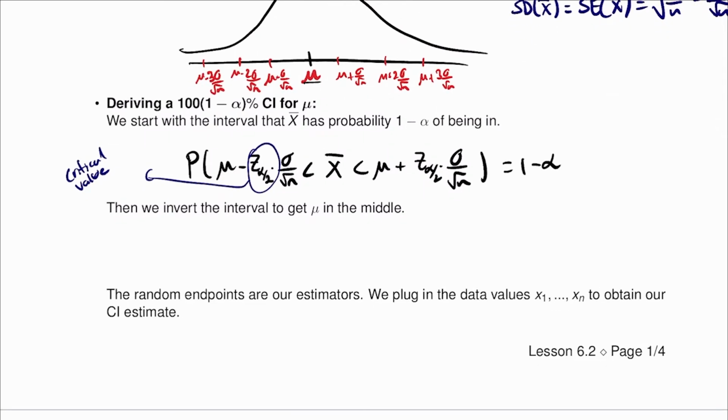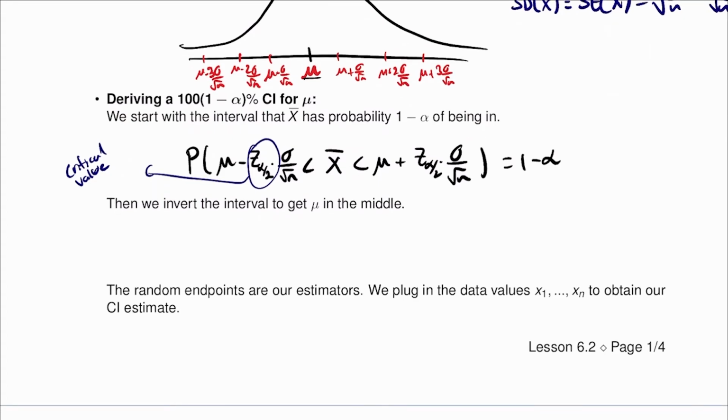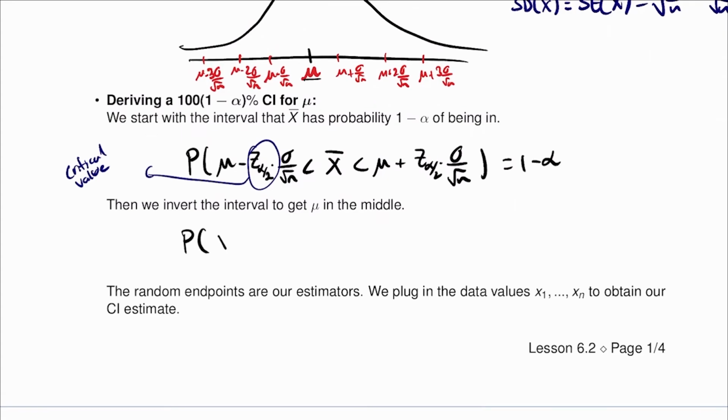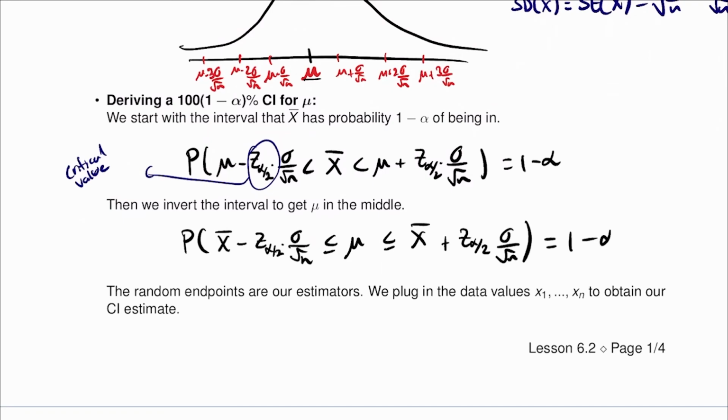Then, similarly to the one proportion, we invert the interval to get mu in the middle. So doing the algebra there, we will have that here we have x bar minus c of alpha over 2 times sigma over square root of n, less or equal than mu, less or equal than x bar plus c of alpha over 2, the critical value, sigma over square root of n, and this probability is the same.